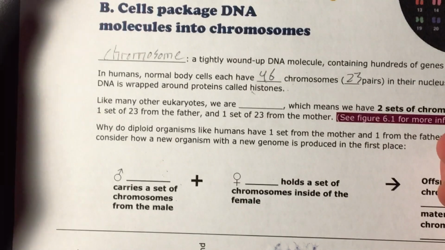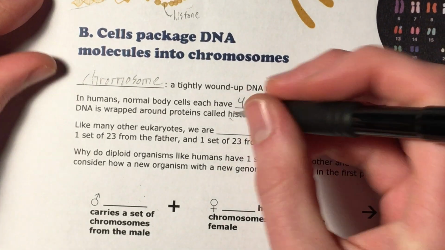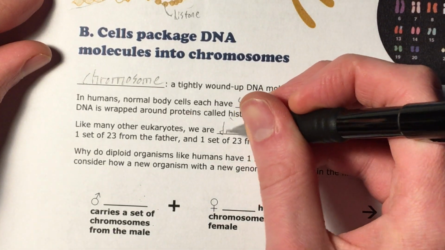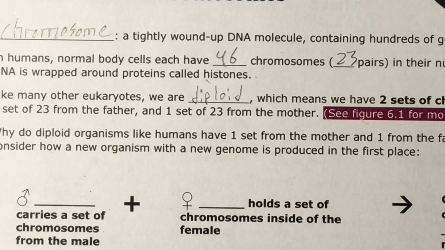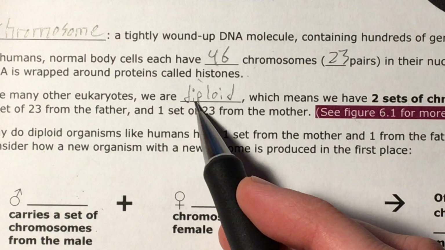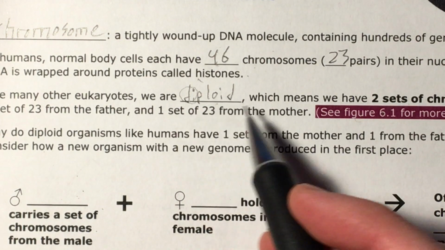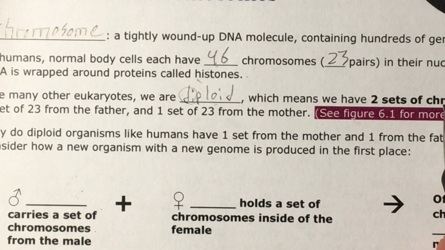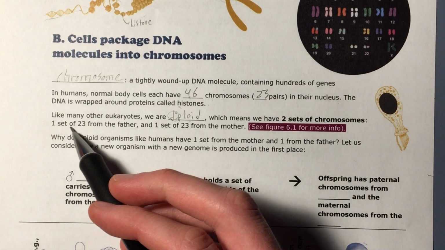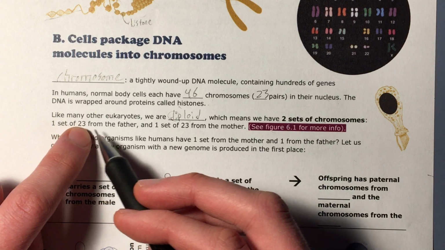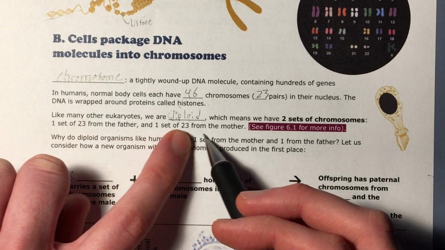So most eukaryotes are what we call diploid. What? You've learned this word from your root words. Di means two. Diploid means we have two sets of chromosomes.